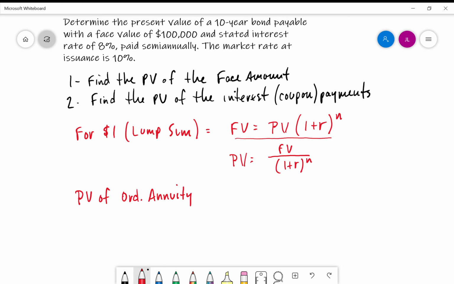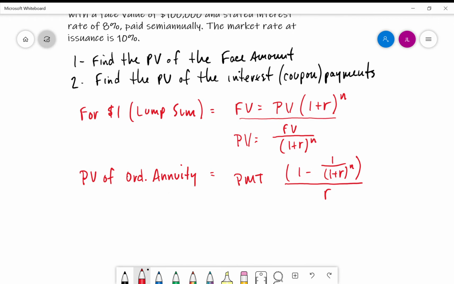So the present value of an ordinary annuity is the payment, which is constant each period, multiplied by 1 minus 1 over 1 plus the rate to the n power, and this whole thing is over the rate. Now, you may be saying, well, what's the rate? What are the periods? Well, let's look at what we have here.